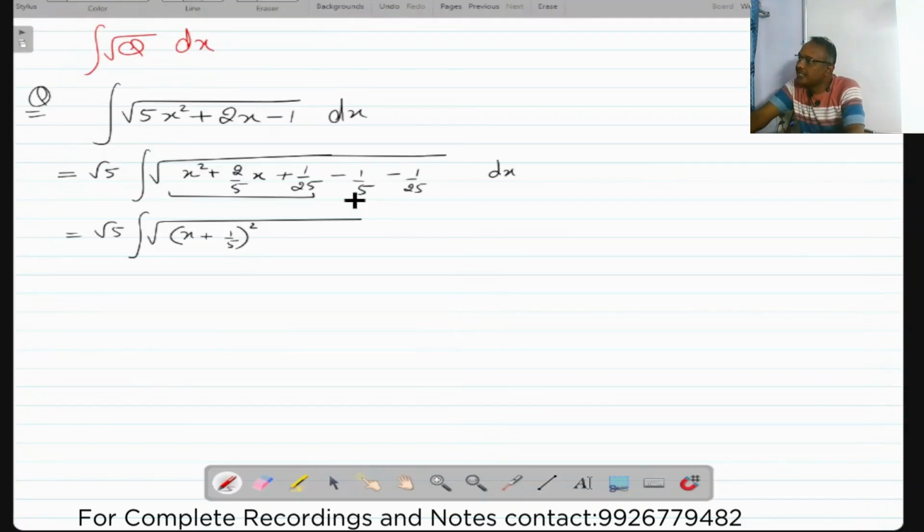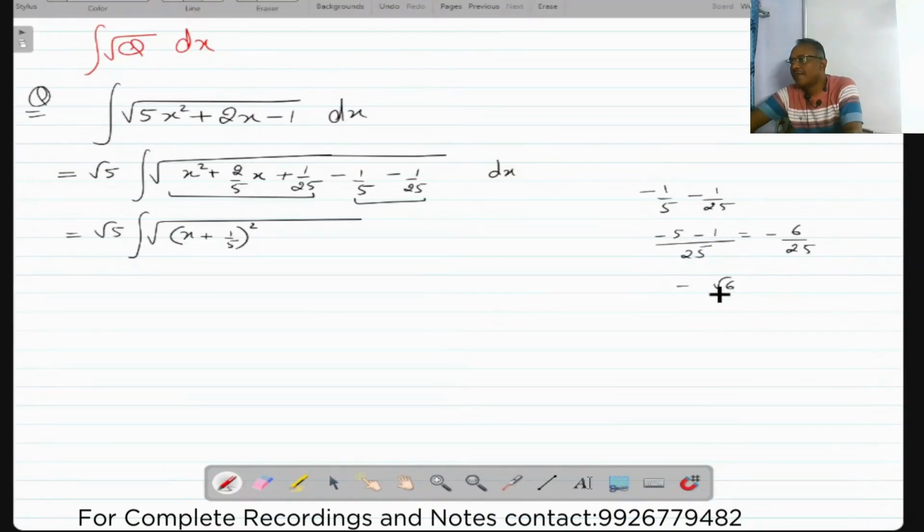Fine. How much is this? Minus 1 by 5 minus 1 by 25. LCM is 25. So 5 minus 5 minus 1, so minus 6 by 25. That is equal to root 6 by 5 whole square.